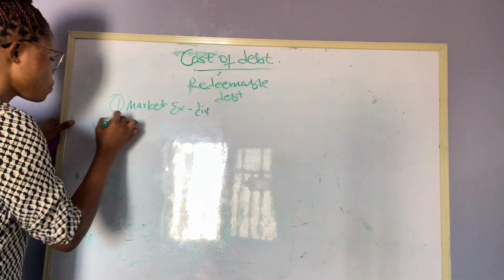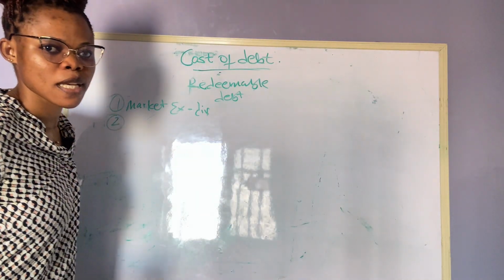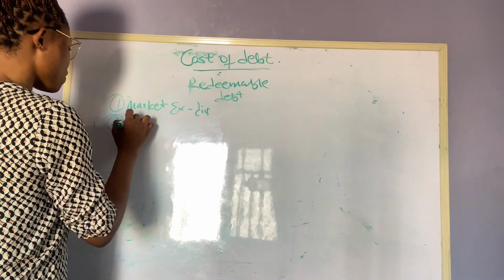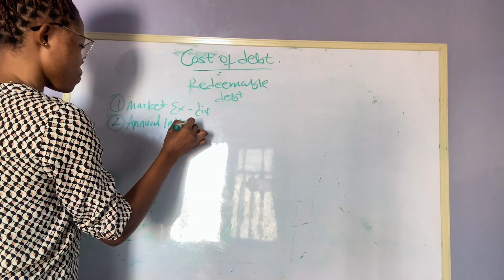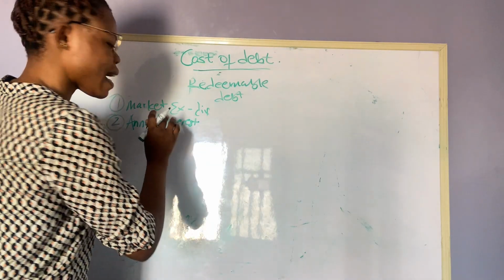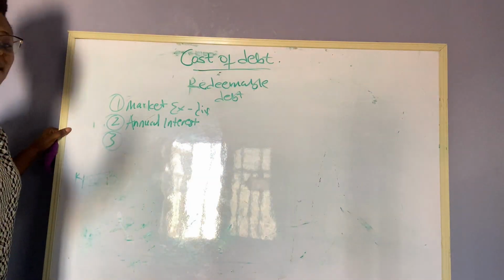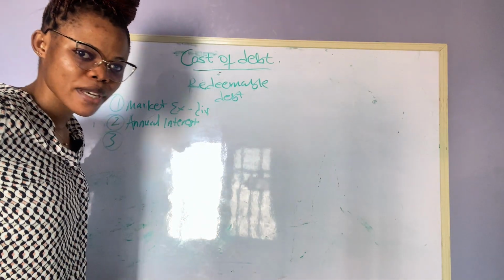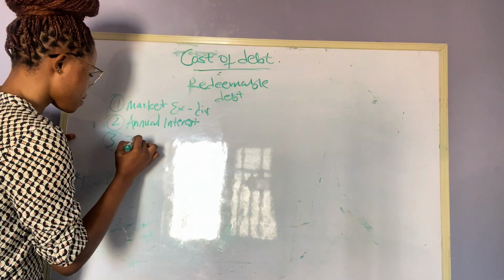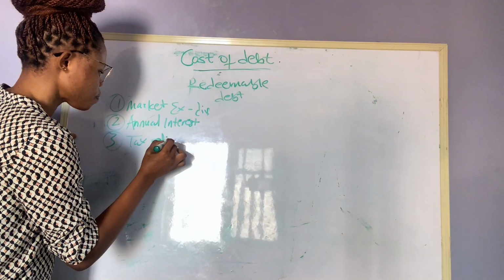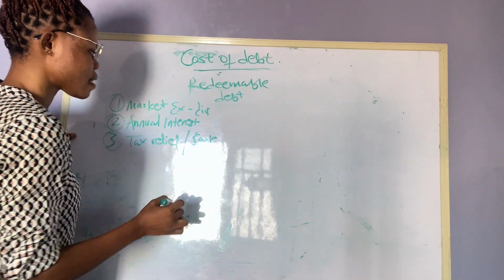Then another one we need is the annual interest. You understand? Annual interest. Now another one, number 3, is tax relief on annual interest, or tax saved.